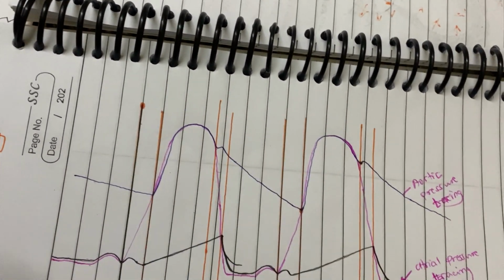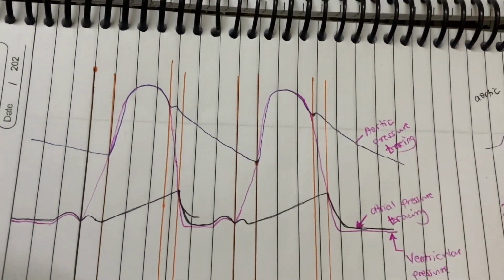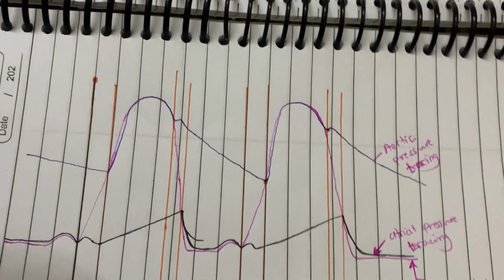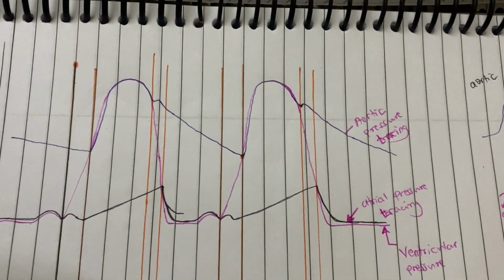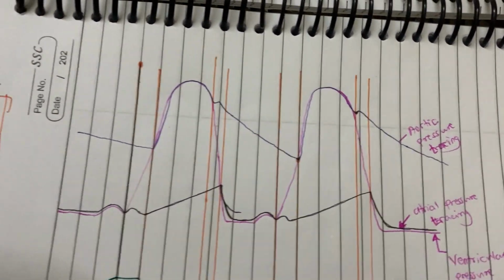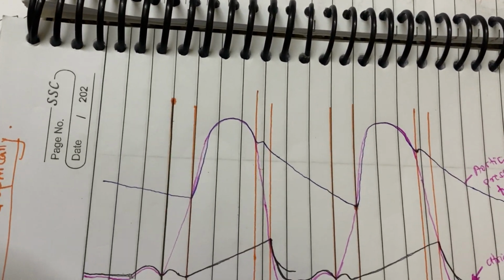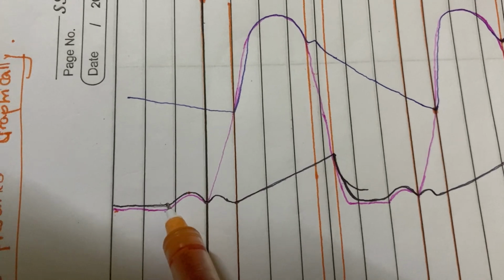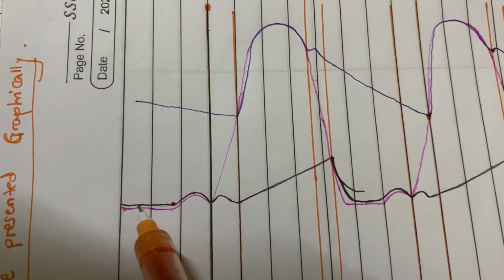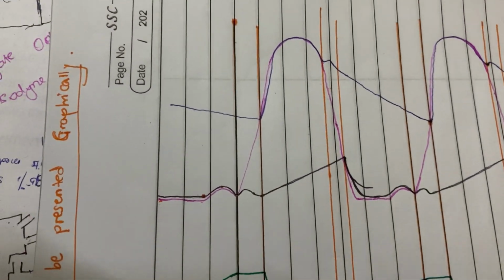What our aim here is to show how we get the phases of the cardiac cycle. We started with atrial kick. I've already named it here, atrial contraction. So when the atria contract, we have blood flowing from atria to ventricles.